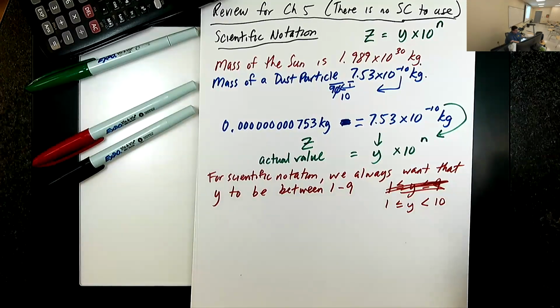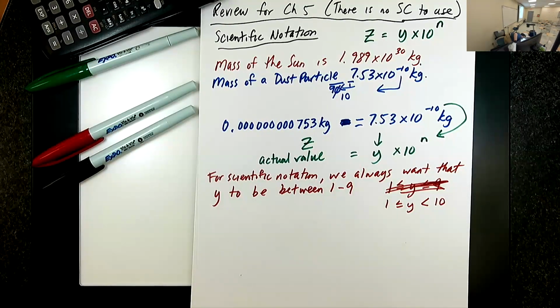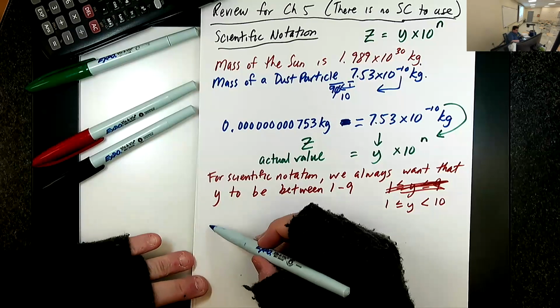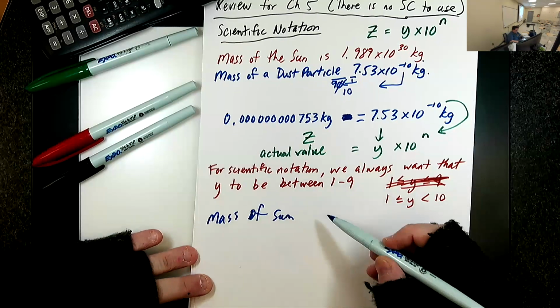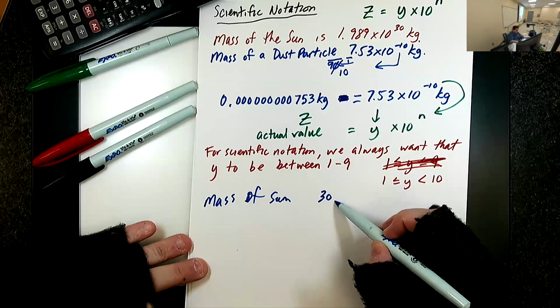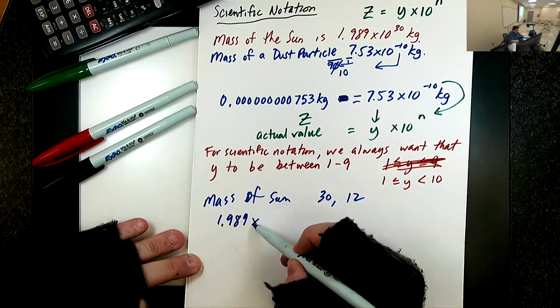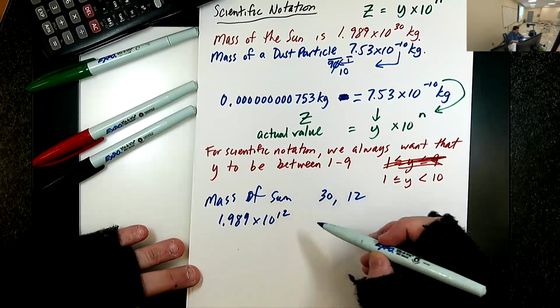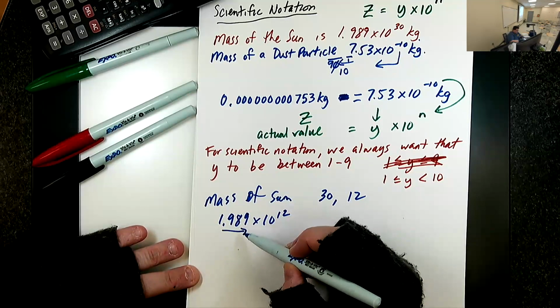Now, I'm not going to write out all the 30 for the kilogram, the sun. But I think it's worth looking at what happens if you just do a few, and going, how big is that really going to be? If we look at the mass of the sun, let's dumb it down a little bit. Let's say instead of 30, let's do 12. If I had 1.989 times 10 to the 12, this is a big number. It means I need to move this decimal right 12 times.